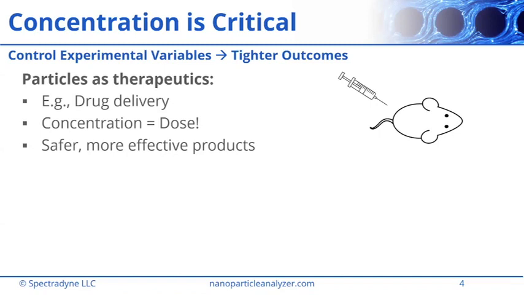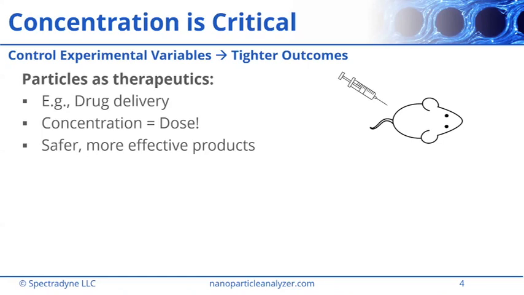So one common case is people using particles as therapeutics. And so here we're looking at an example of, for example, using them for drug delivery. Maybe these are EVs, maybe these are liposomes, or other therapeutic containing particles. And in this case, concentration is critical because it's the dose that's being administered, right?